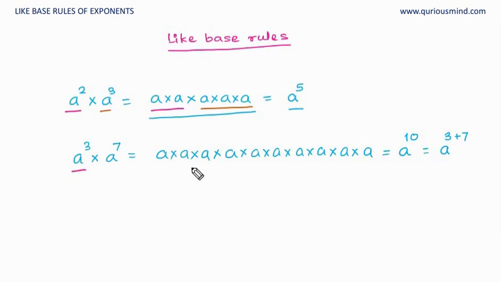The power of the first one is 3, so we have 3 times a here. The power of the second one is 7, so we have 7 times. And the total is 3 plus 7. So we add the powers 3 plus 7 and we get 10. And that gives us our first like base rule.